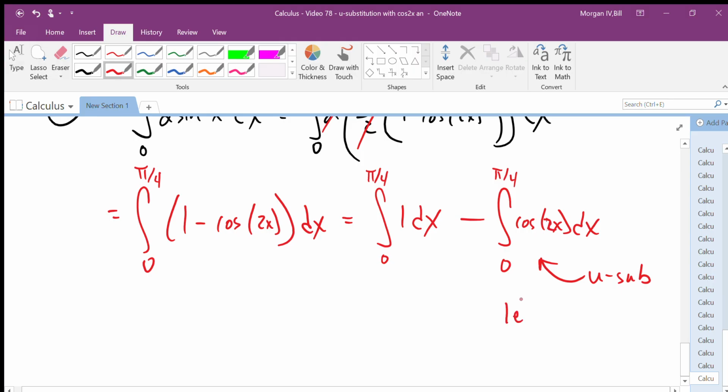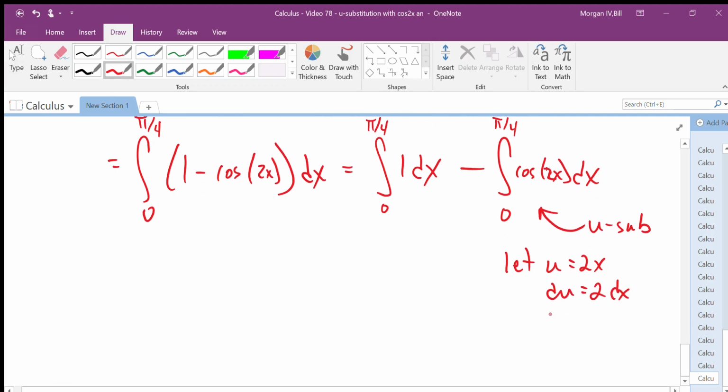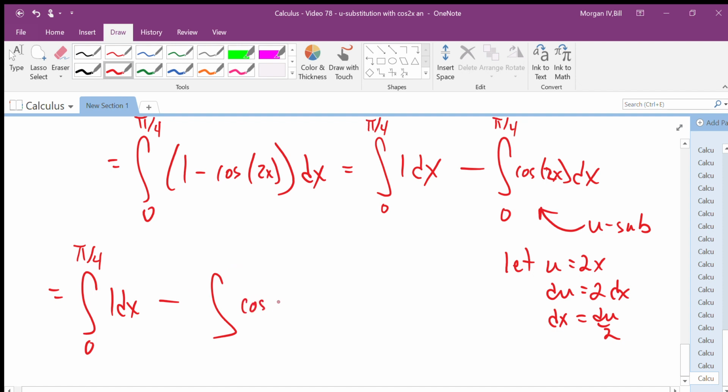So we're going to let u equal 2x, du is 2 dx, dx is du over 2. So again, the one on the left stays 0 to pi over 4 of 1 dx, nothing happening there, minus the integral, we're going to get the cosine of u instead of the cosine of 2x, and dx becomes du over 2, and I'm going to change my bounds.